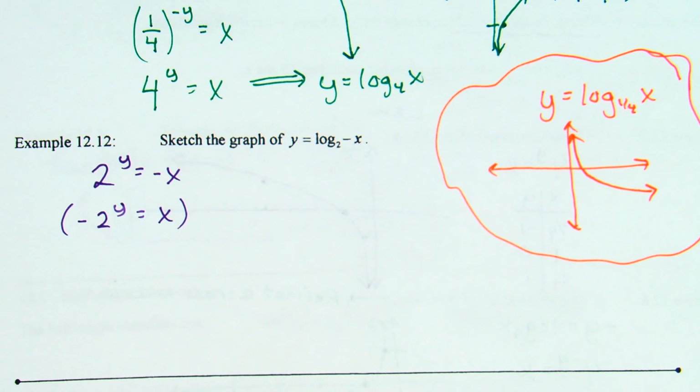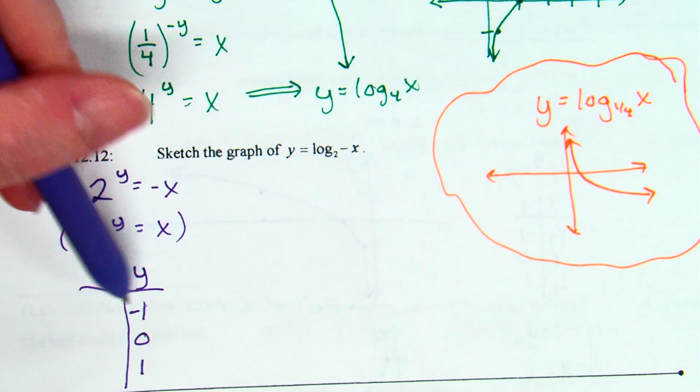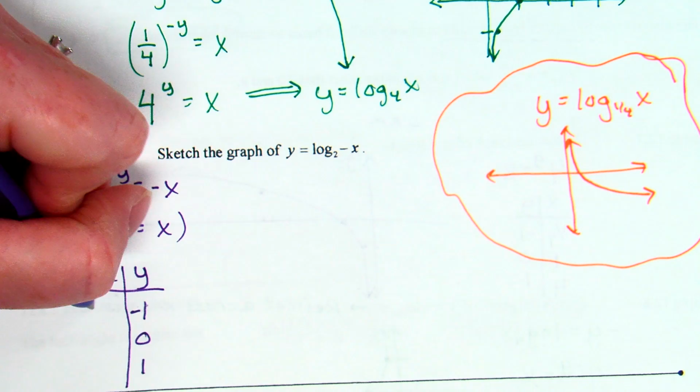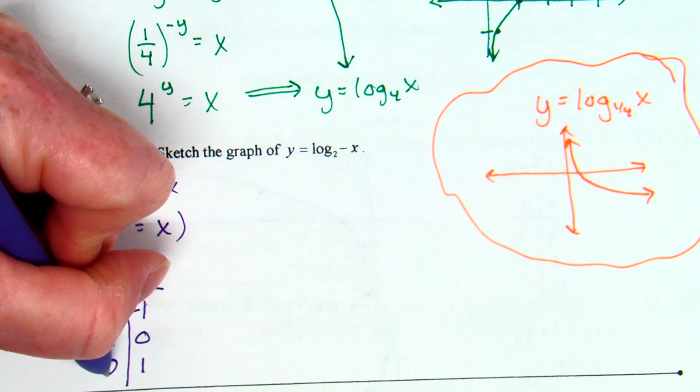So if we pick our y's as negative 1, 0, and 1, well, negative 1: the negative of 2 to the negative 1. 2 to the negative 1 is going to be 1 over 2, and then it's the negative of that out front, so negative 1/2. The negative of 2 to the 0 is negative 1. The negative of 2 to the first is negative 2.